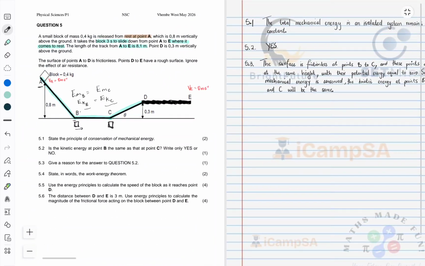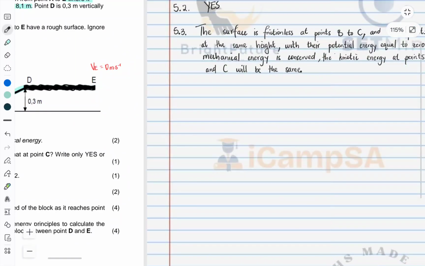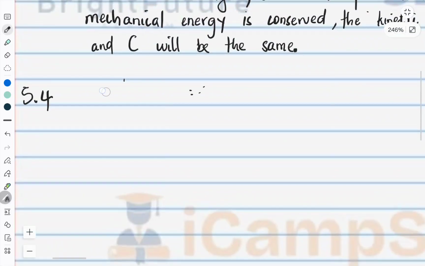Now, let's go to 5.4. State in words the work energy theorem. So that's 5.4. Remember, the work energy theorem says in formula form that the net work done is equal to the change in kinetic energy.